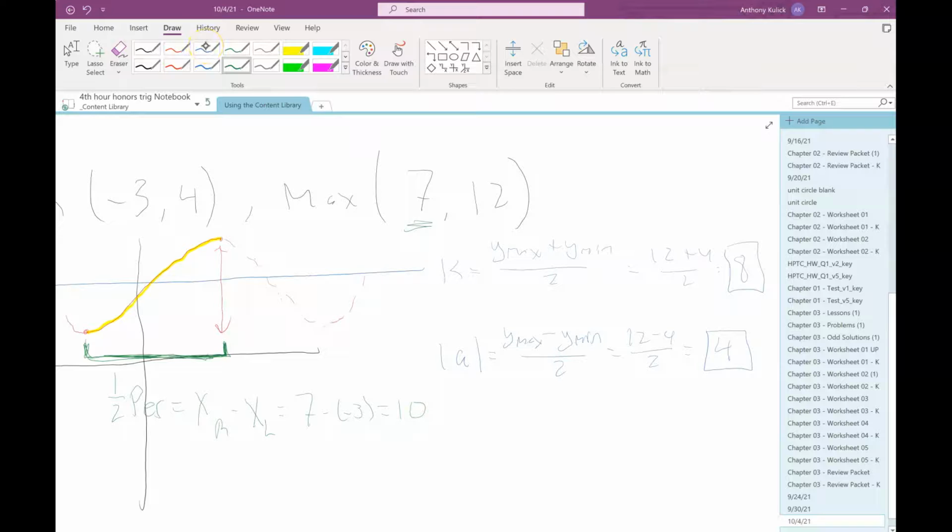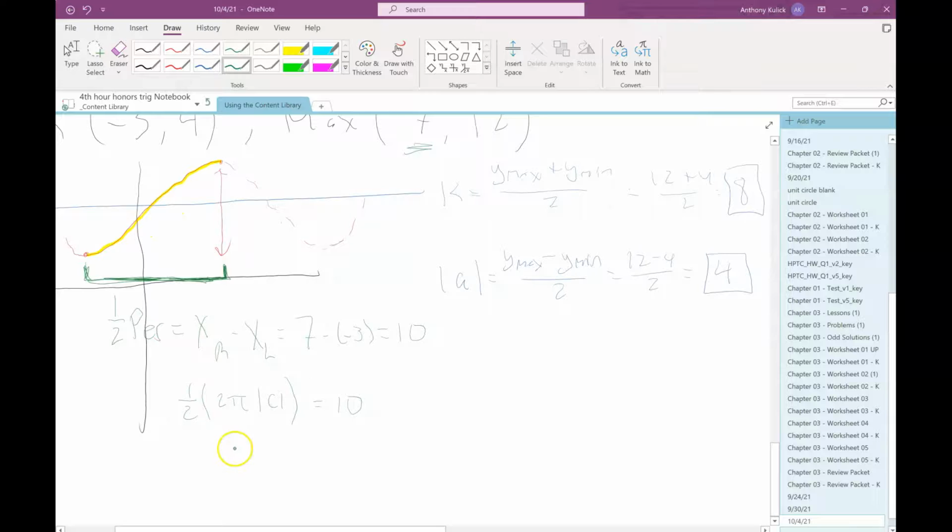So I know that half of a period is 10. And I know one period is 2 pi times the absolute value of c. So pi times c is equal to 10.